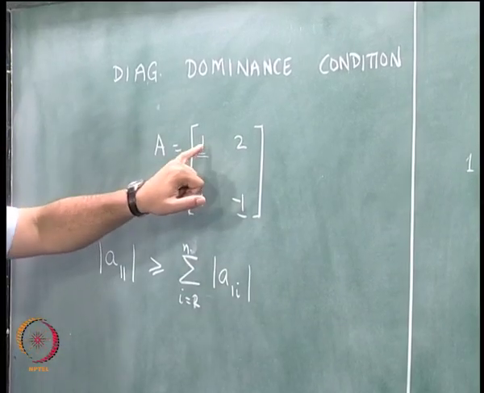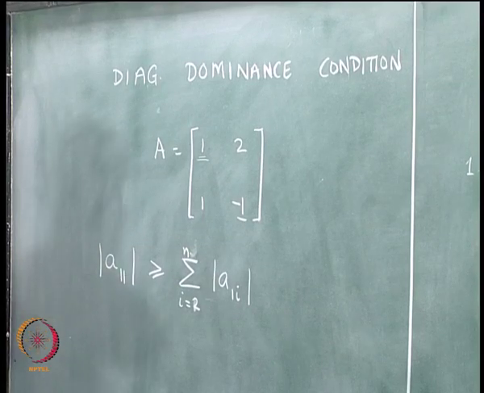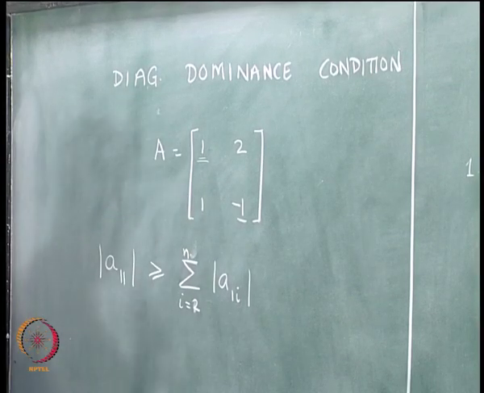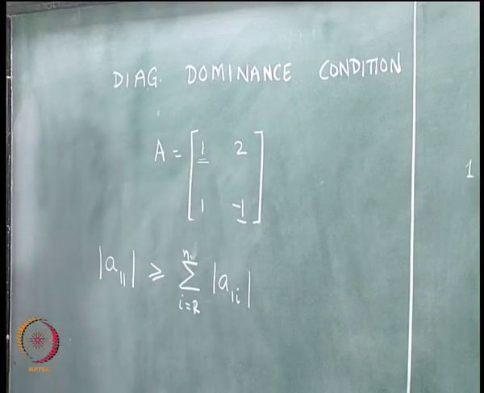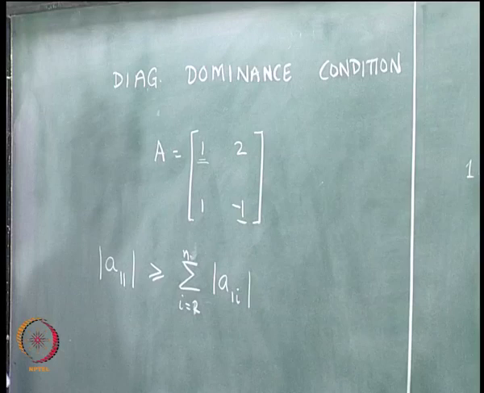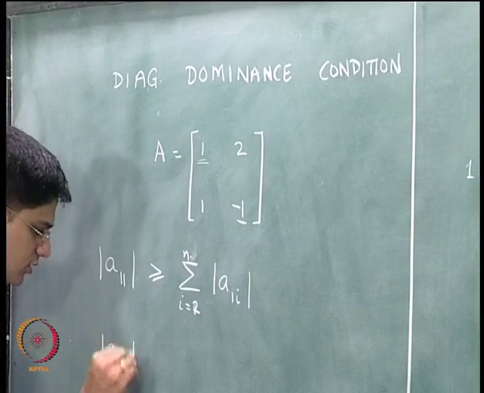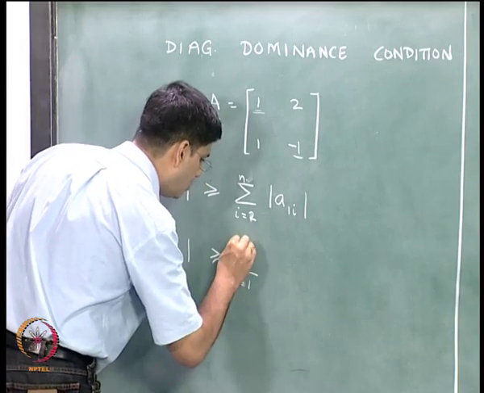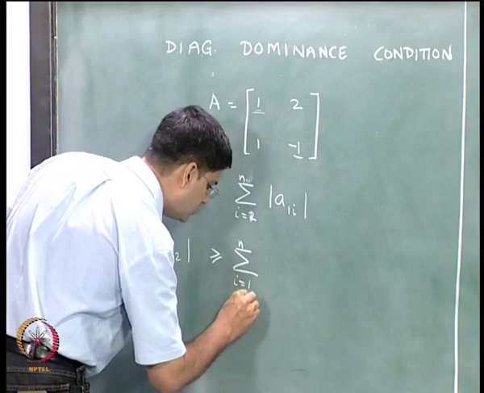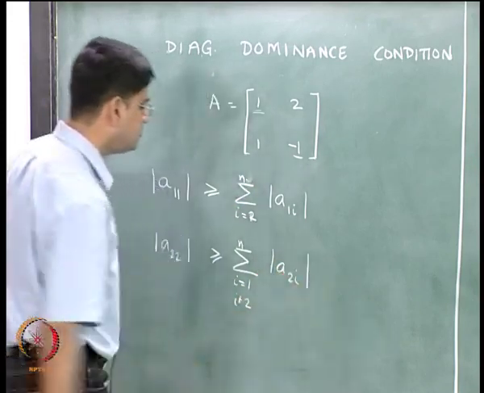In this particular case the absolute value of 1 is indeed greater than or equal to the sum of the absolute values of the non-diagonal elements. So for this condition this diagonal element is dominant when we are looking at the first column. Also A22 has to be greater than or equal to the summation over i equal to 1 to n, i not equal to 2, of A2i. Okay.